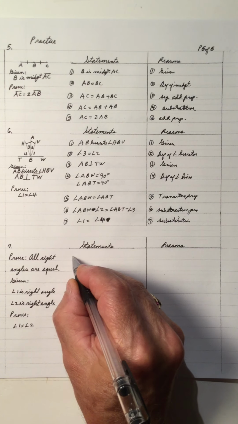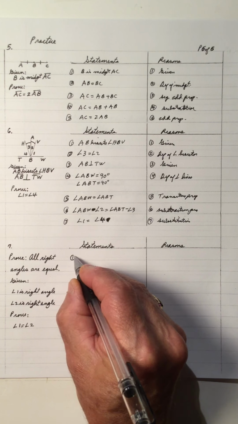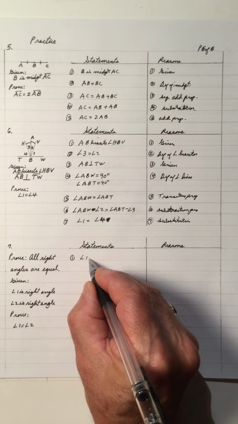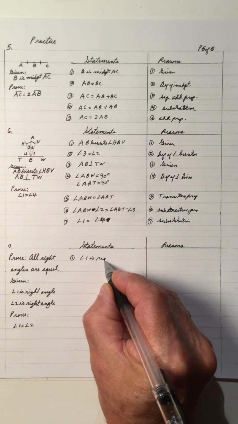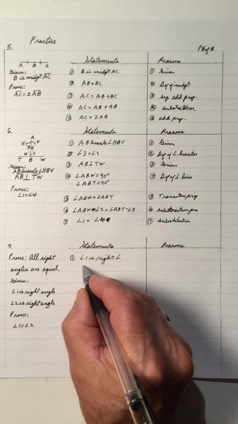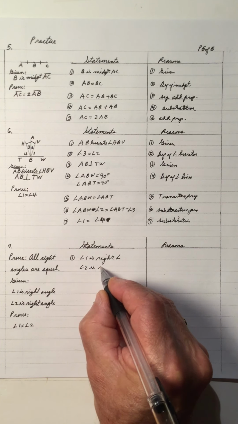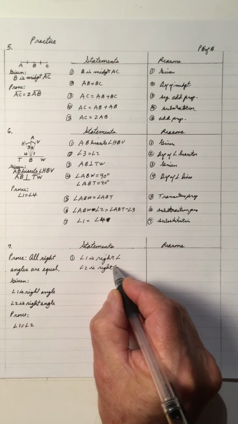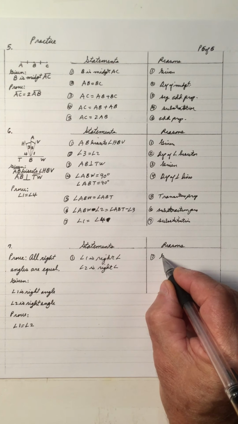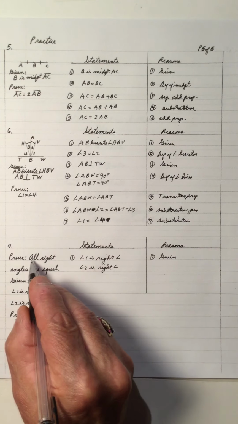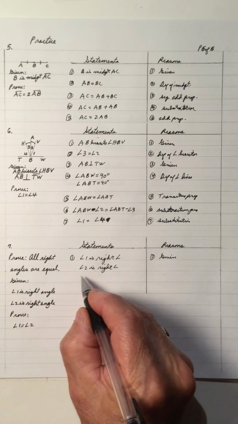So you're given that angle 1 is a right angle, angle 2 is a right angle, and that's a given. You're given all right angles, we've got to prove they're equal.